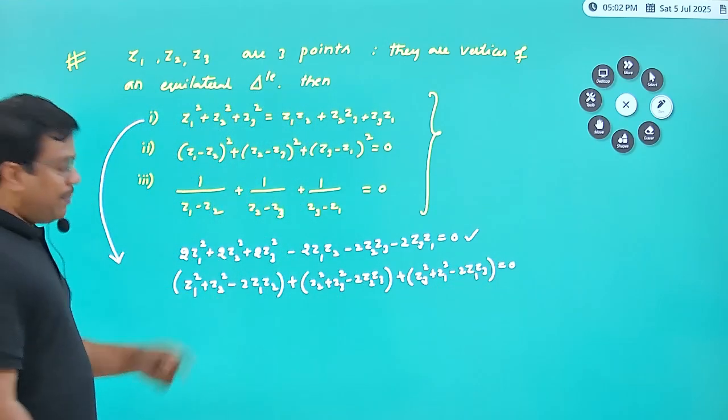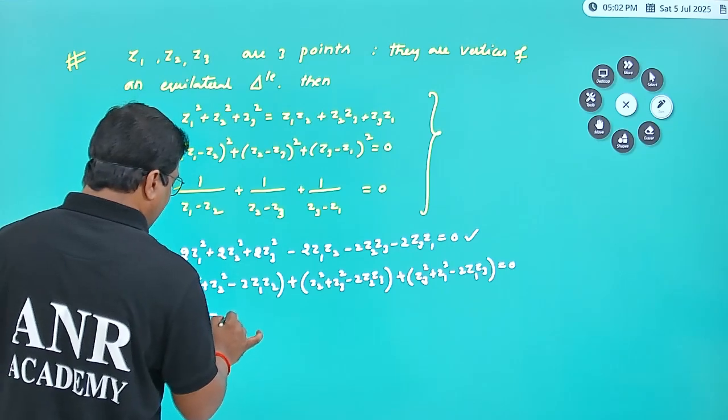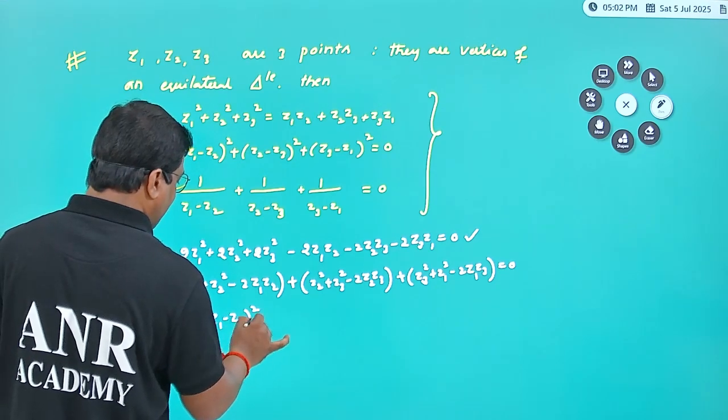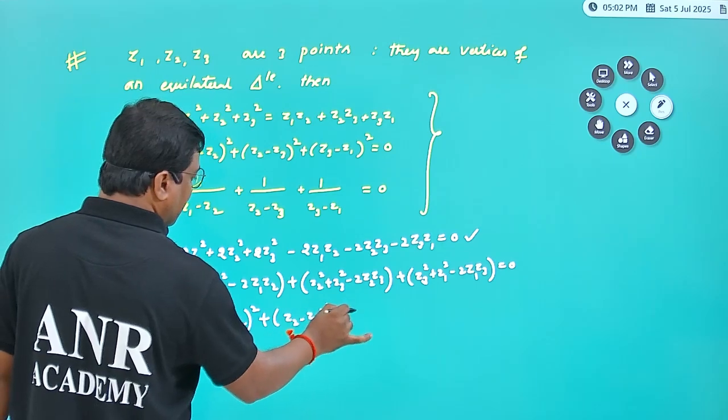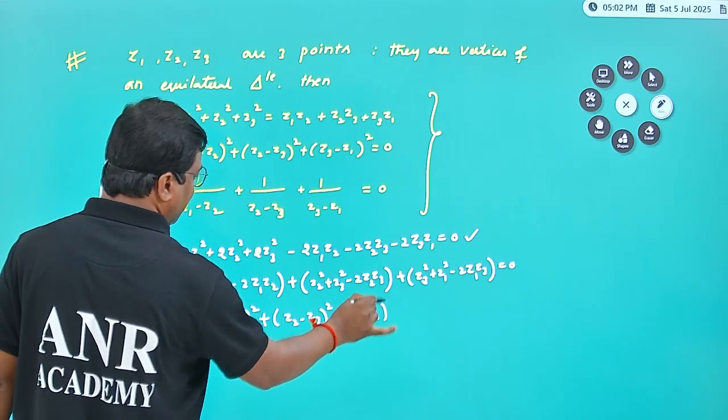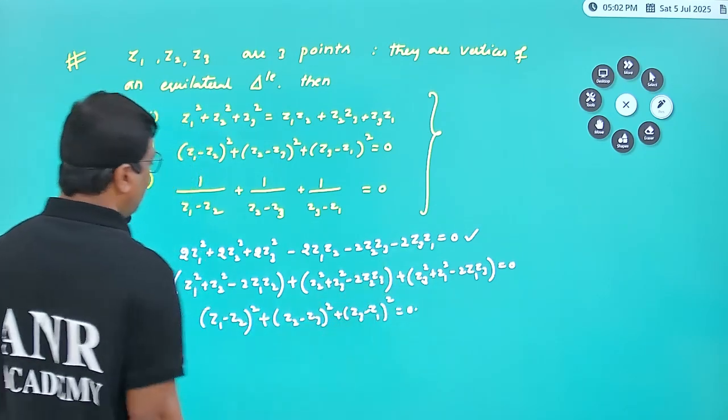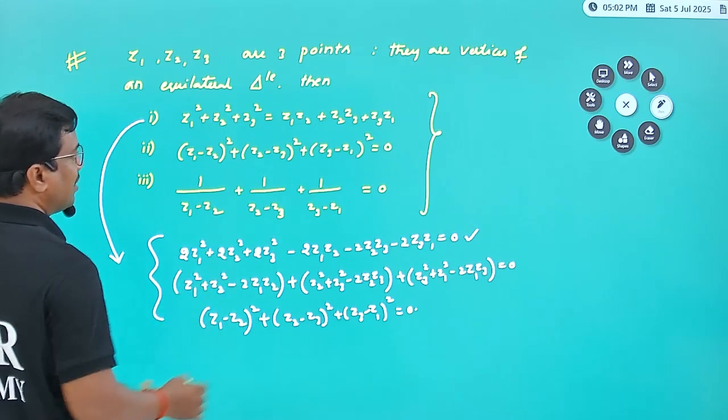So you can write perfect square this one as (z1 minus z2) whole square plus (z2 minus z3) whole square plus (z3 minus z1) whole square equal to 0. You got the second result, this one.